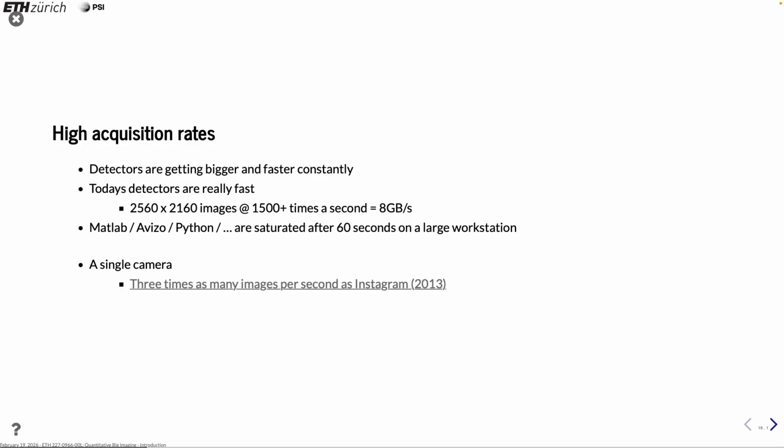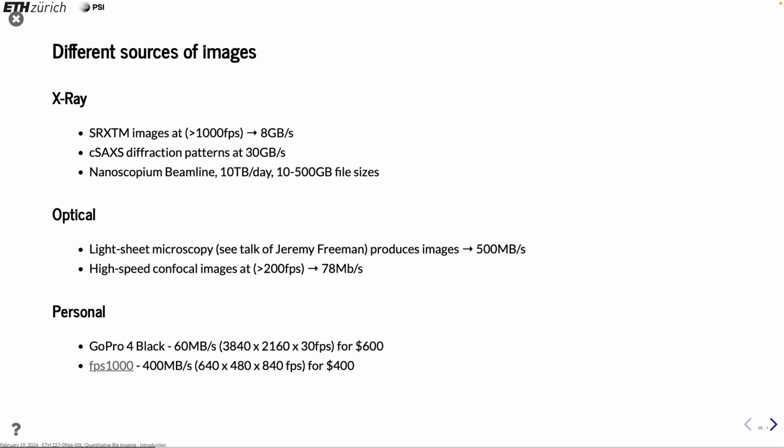And detectors, they get bigger. Some years ago, we had 1K by 1K detectors. Nowadays, we do 8K by 8K or even larger. And at frame rates that we could only dream about 20 years ago. So it's very fast to produce a lot of data. Here, for example, we have roughly 2K by 2K, doing 1500 frames per second. That gives us 8 gigabytes per second, and that is the rate of data that we produce.